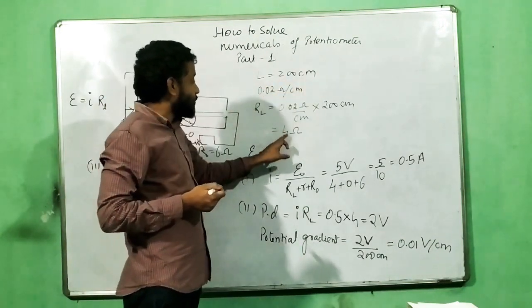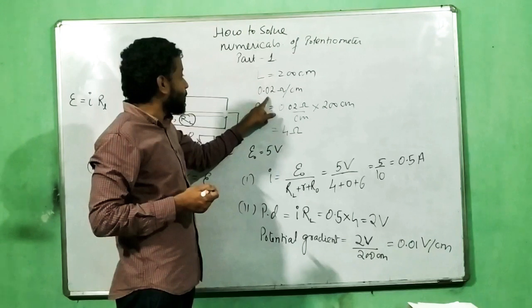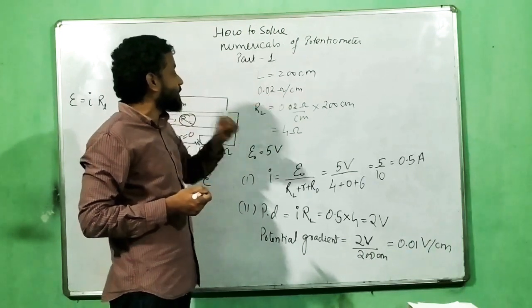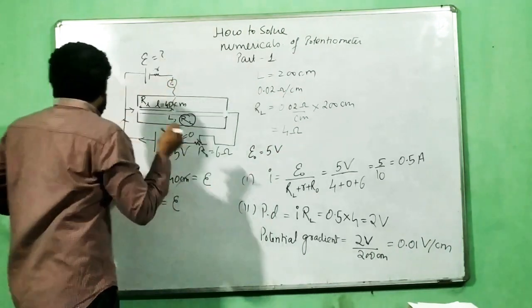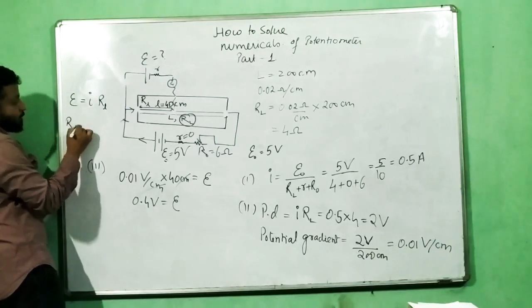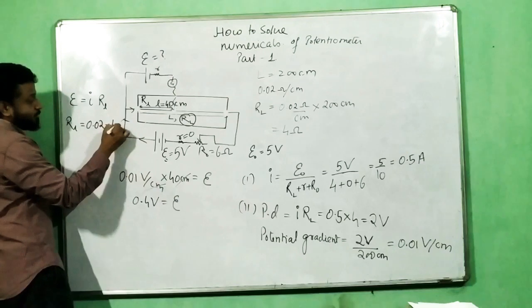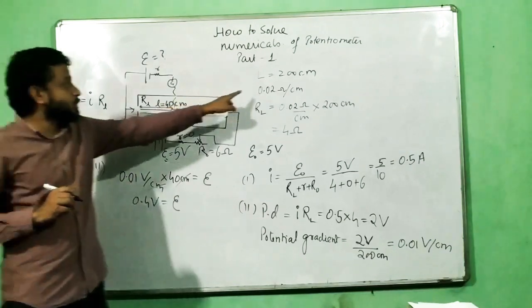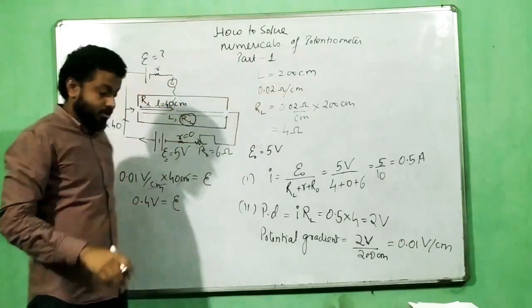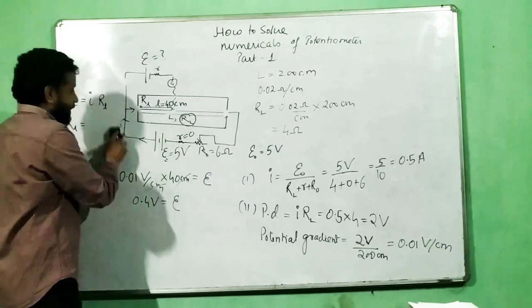The question says that 200 centimeter is 4 ohm and that 0.02 ohm per centimeter is the resistance per unit length. So how much is the resistance for a length of 40 centimeter? That is equal to 0.02 multiplied by 40. Or you can do the unitary method like this.